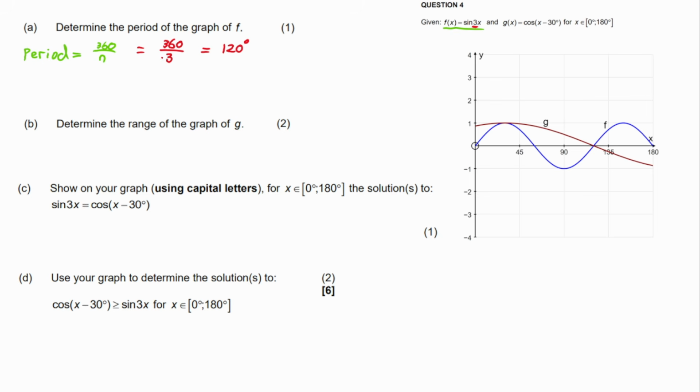So remember, you just put the coefficient in front of the x at the bottom. Let me show it instead of hand waving. If it was 360 over 1 over 3, then this actually just ends up becoming 360 times 3.